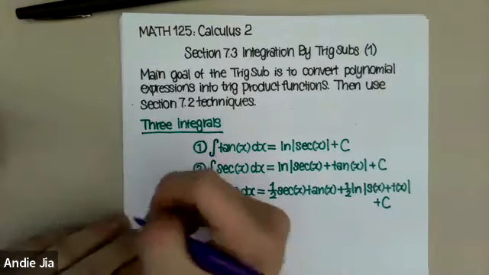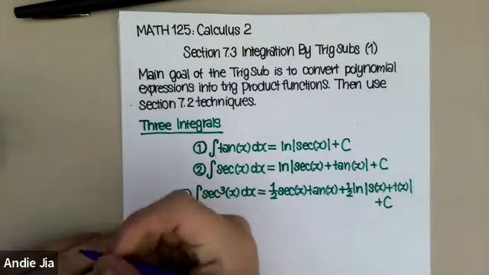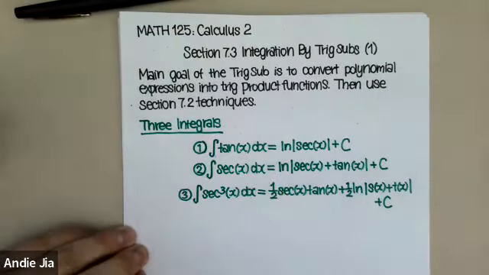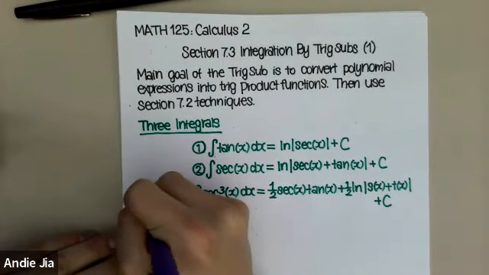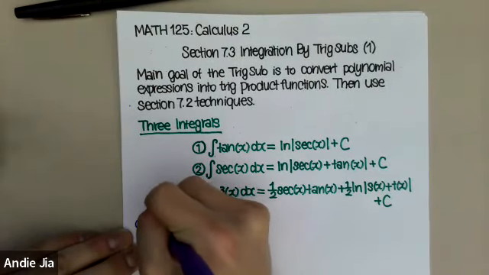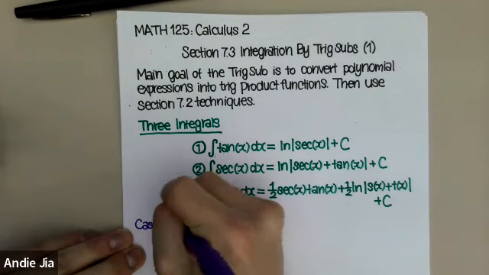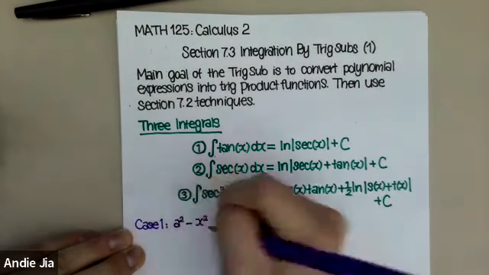So case 1, which we'll introduce, is a squared minus x squared.